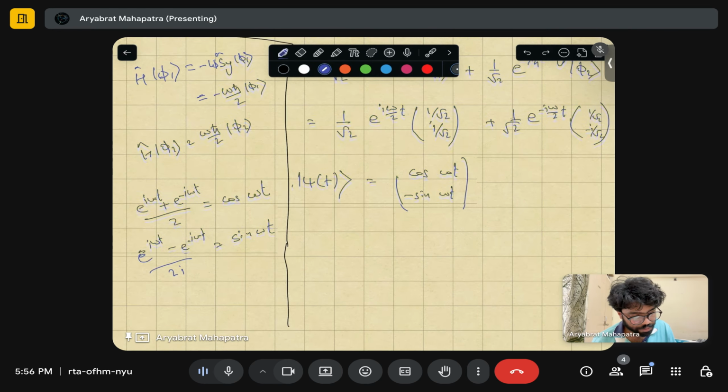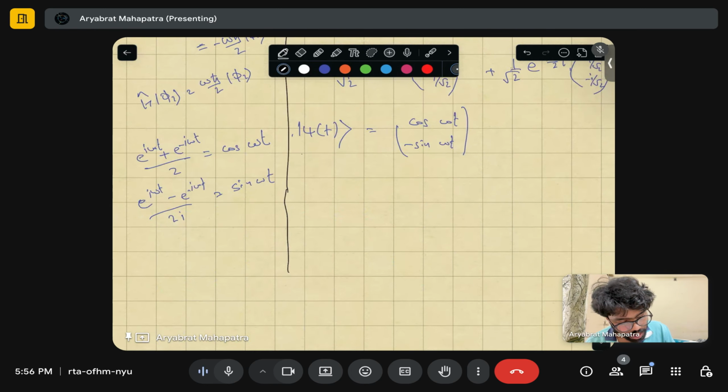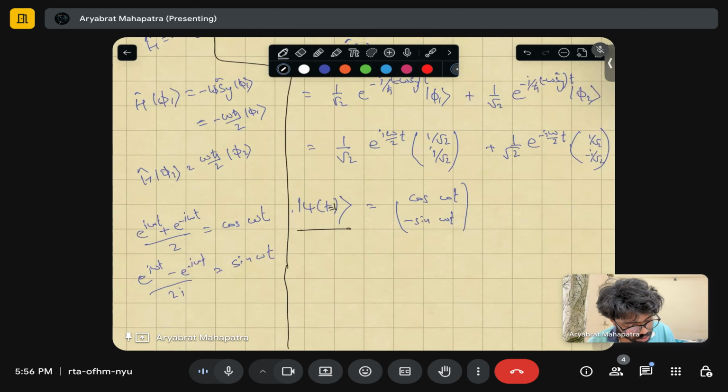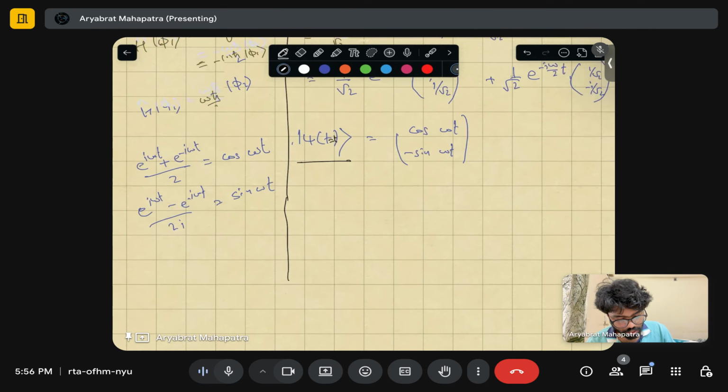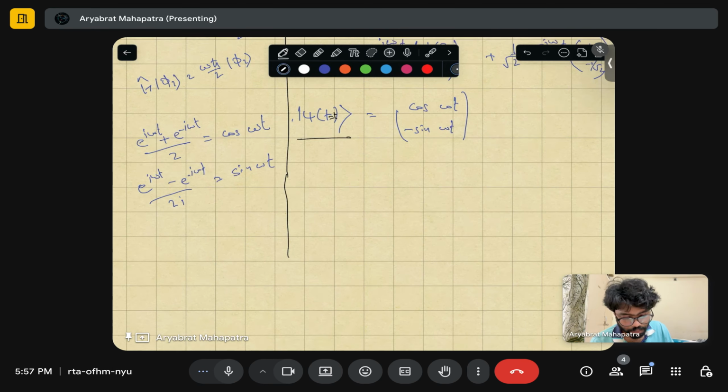So we have psi at t equal to 0. We had this. This is psi at t equal to 0. And now this is psi at t, I mean, t equals t. Then we basically have to take the inner product to calculate the probability. So let me write this properly again.